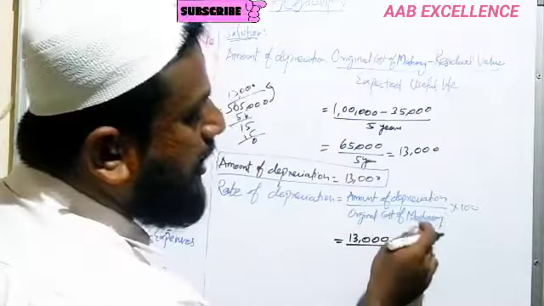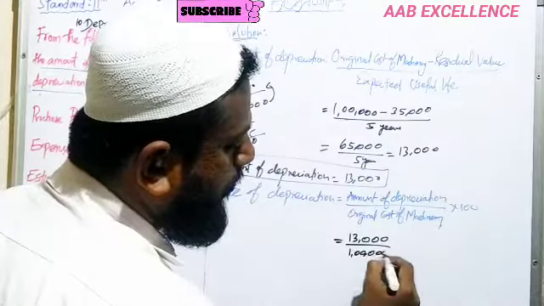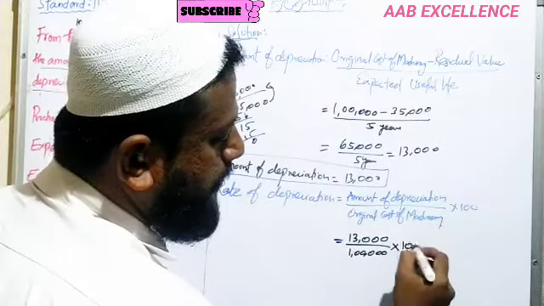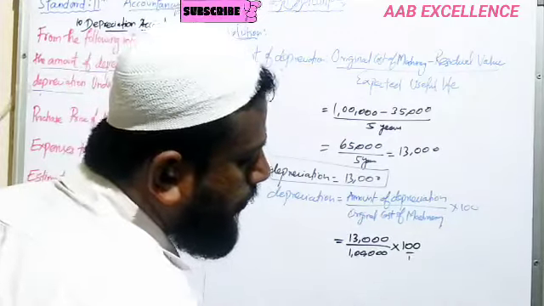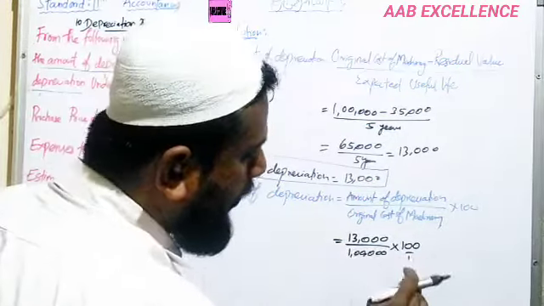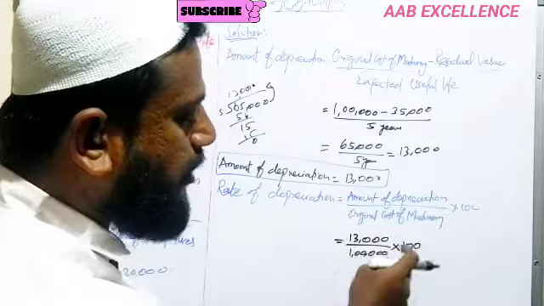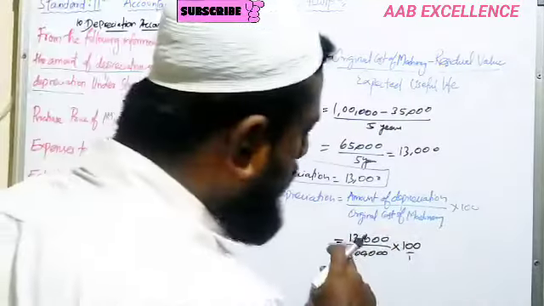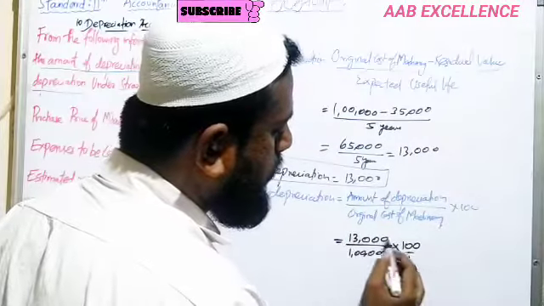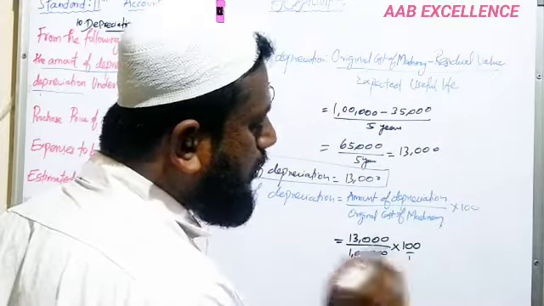Okay students, the original cost of assets, how much? 1 lakh. Into 100. So 1 into 1 lakh, same answer, 1 lakh. So 13,000 into 100 is 13 lakh.